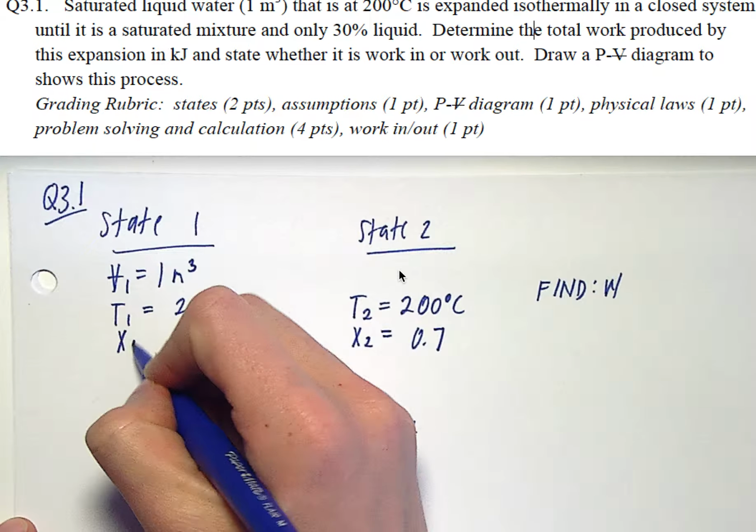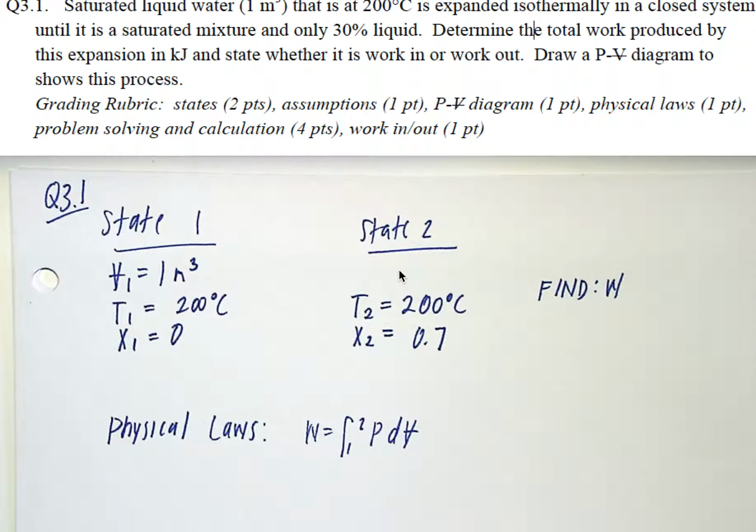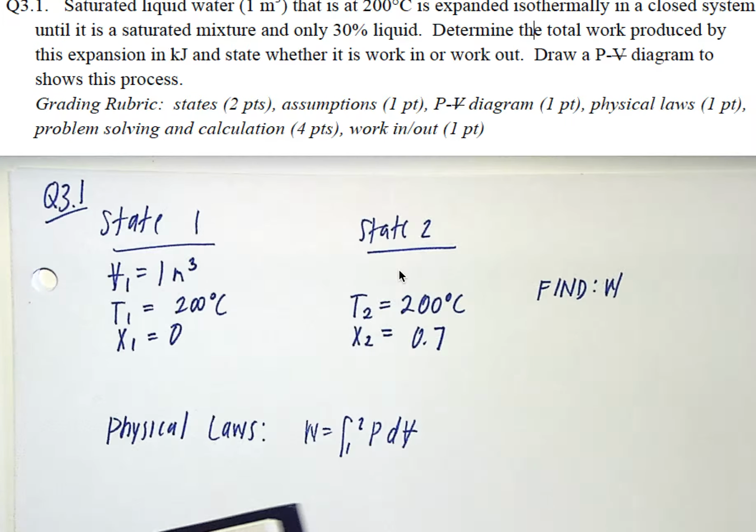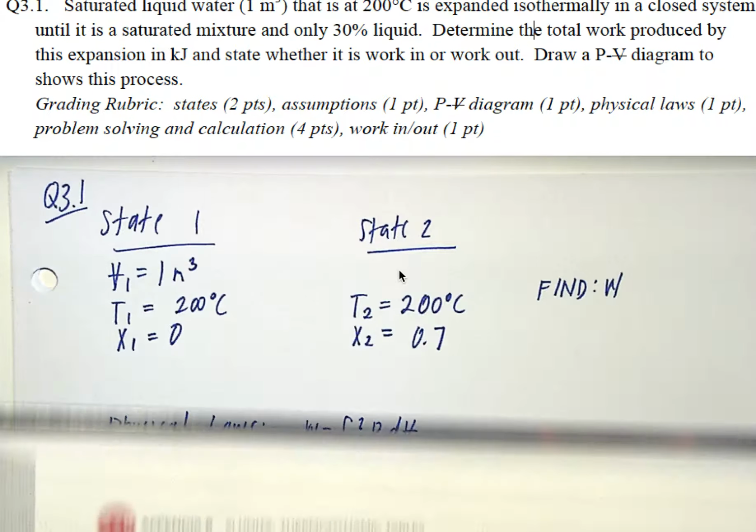It is quality of 0. So we're going to open up to the tables in the back of the book, and we're going to go to the saturated water tables and go to the temperature entry portion of the tables.